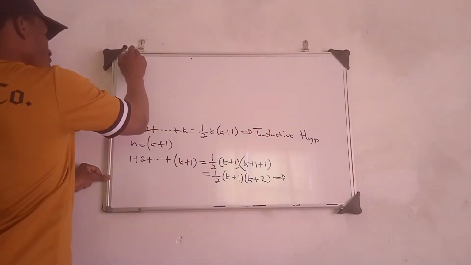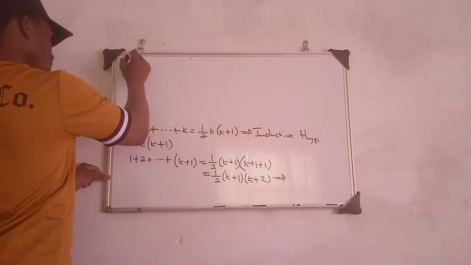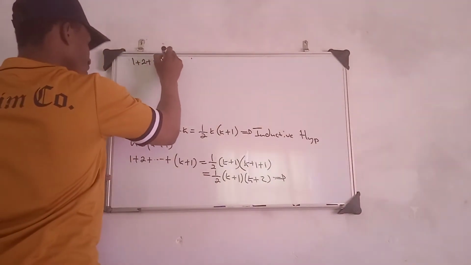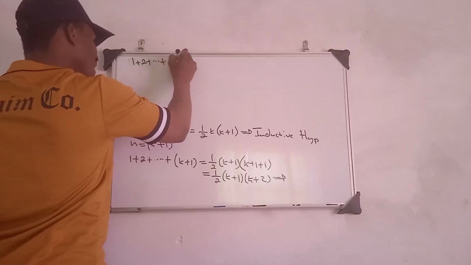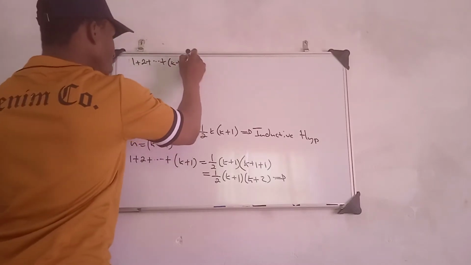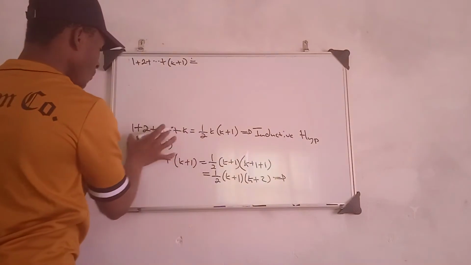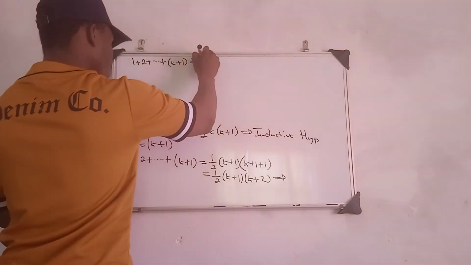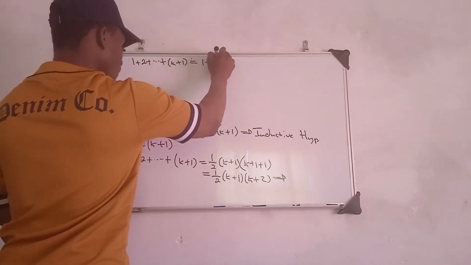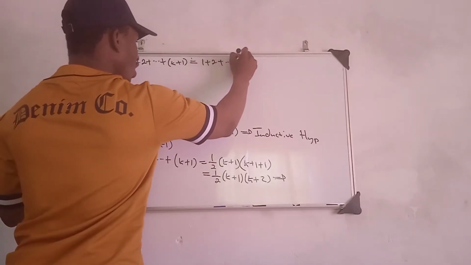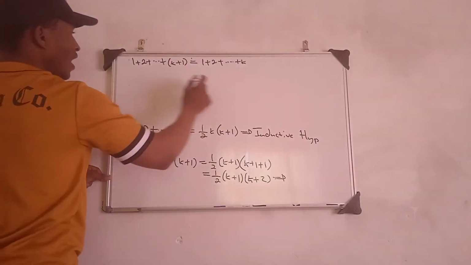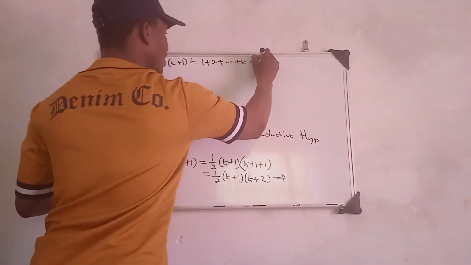So is 1 plus 2 plus all the way to k plus 1 equal to this side? I'm equating the left hand side. So it's also 1 plus 2 plus all the way to k. But since I have this term in here, I must also add it to this side.